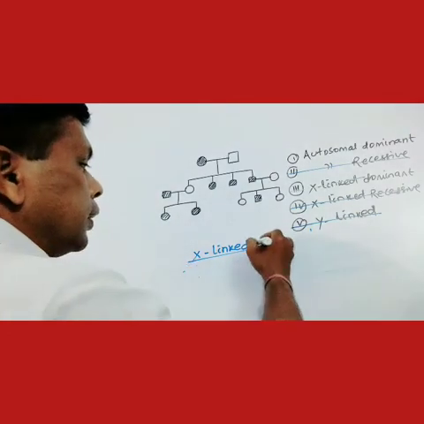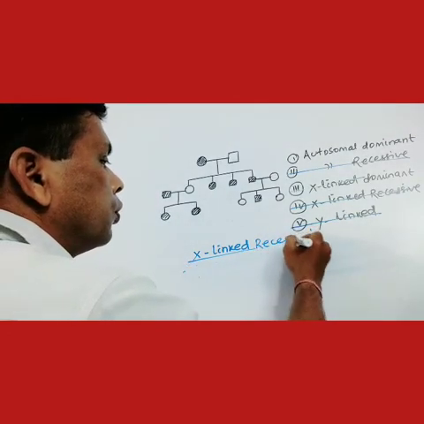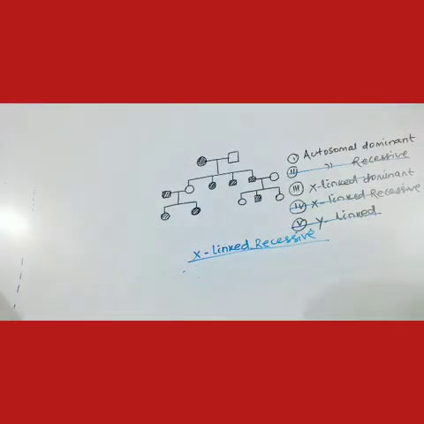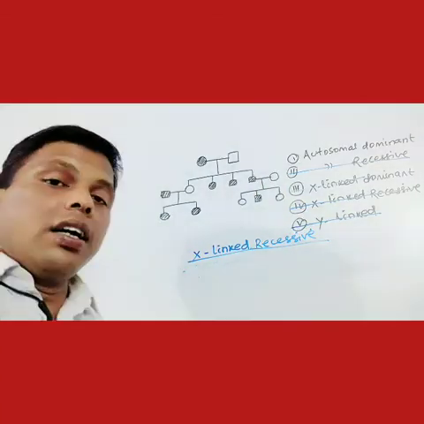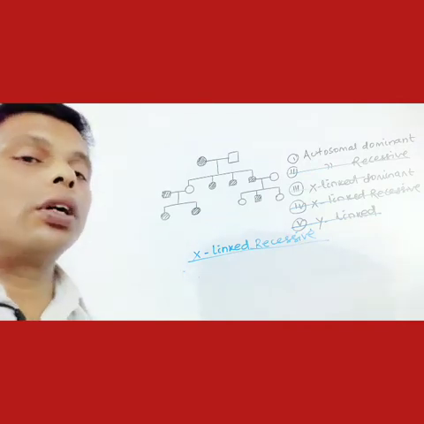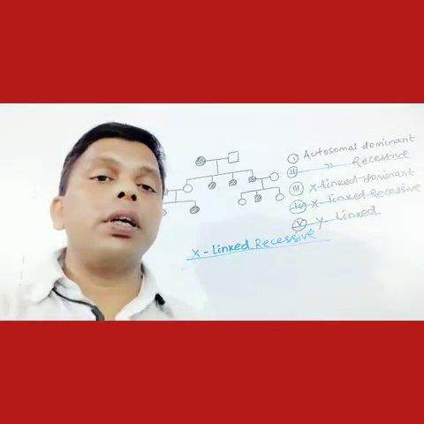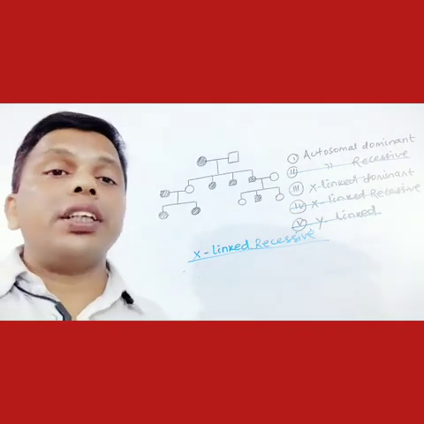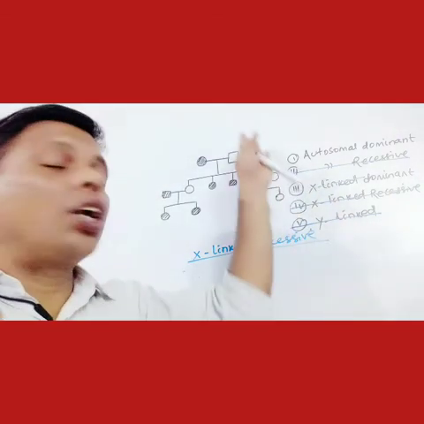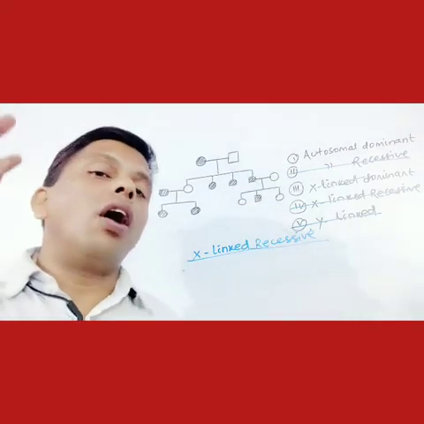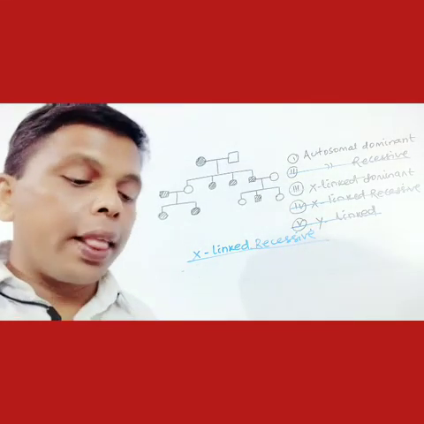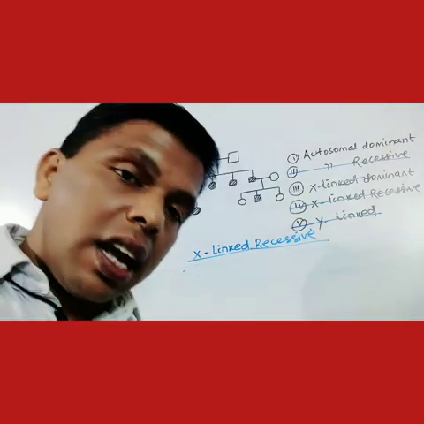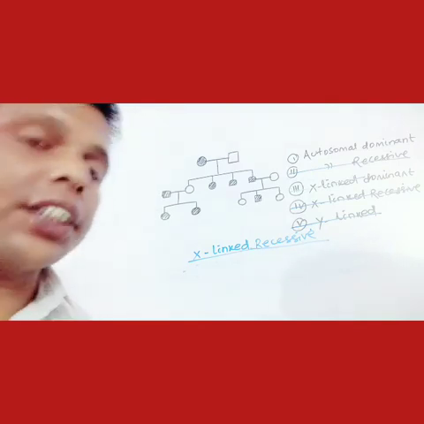In recessive disorder, I have told how to find out recessive. There must be skipping of generations. That means the disorder must not be present in all generations. Then how to confirm it is an X-linked recessive trait?